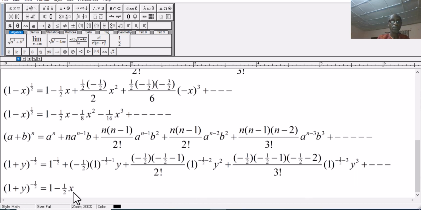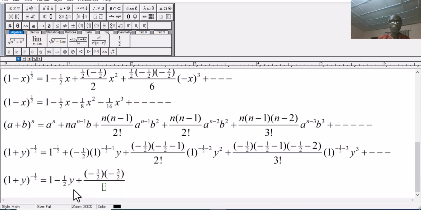So the next one that we have is 1 over 2 minus 3 over 2, all over 2, then y squared.